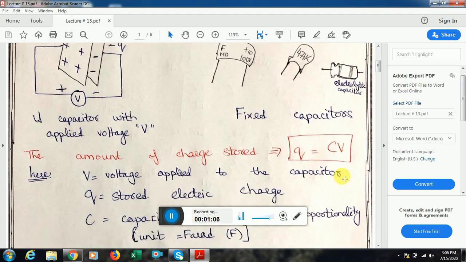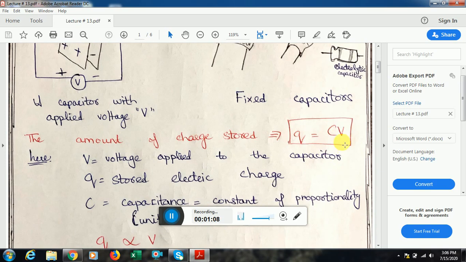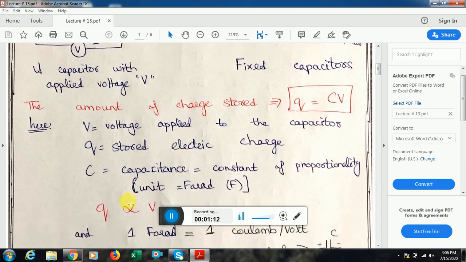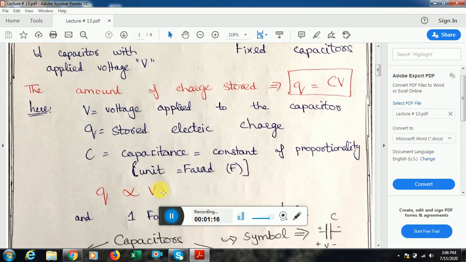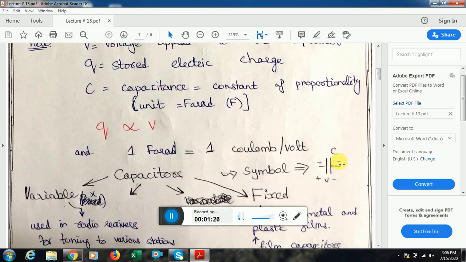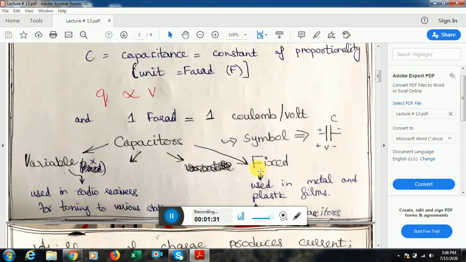C is the capacitance of the capacitor, V is the voltage, and we have a direct proportionality of the charge Q with the voltage applied. As we increase the voltage, the amount of stored electric charge also increases. The unit of capacitance, coulomb per volt, is the farad.